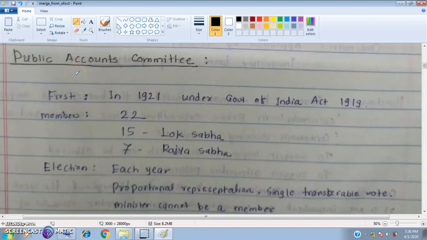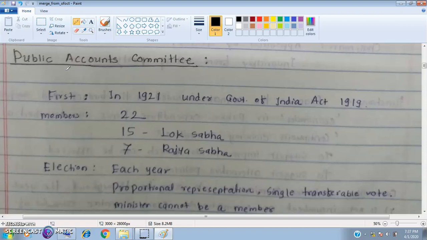Apart from function, the important things are who the members of the committee are, what the strength is, who the chairman of the committee is, is there any moratorium for certain members to become chairman, and whether the committee is elected or nominated. We have seen in the first condition that if it is elected, it has to be elected from among the house. If it is nominated, it has to be nominated by presiding officers.